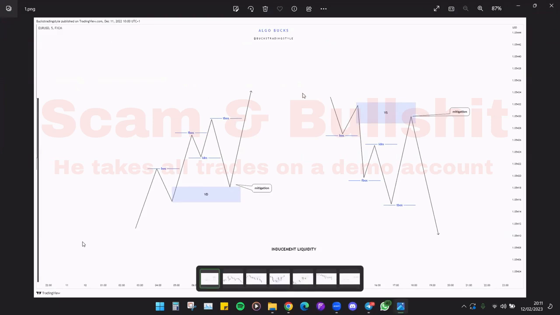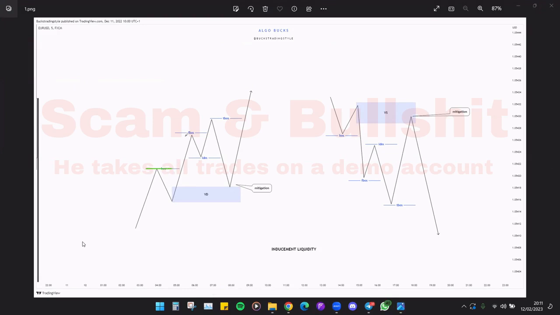Same thing we just talked about, right? We will have the break of structure, then another break of structure, and all of the lows are liquidity. So for price to take out this low right here, this then becomes the inducement liquidity, or ILQ for short. When price induces the low right here, we then get mitigation of our refined value demand, then the true break of structure.